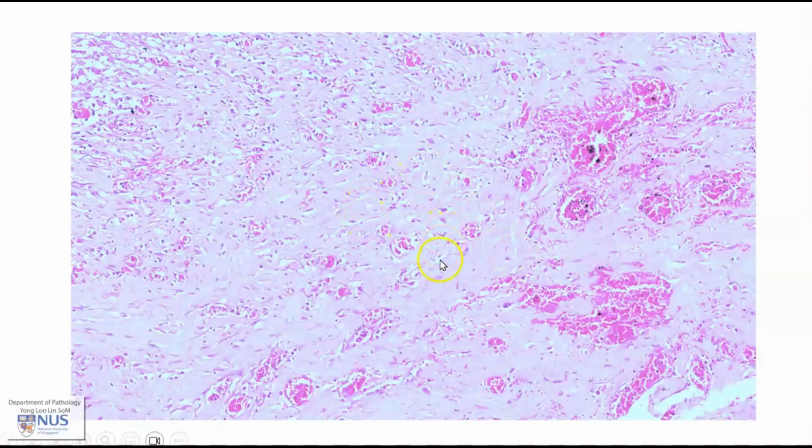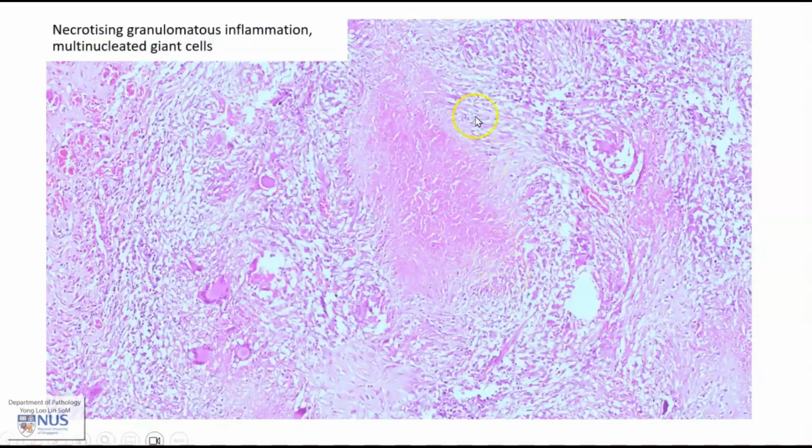And this is the area of fibrosis where there is deposition of this pinkish collagenous tissue. And here is a higher magnification view showing necrotizing granulomatous inflammation with central necrosis, a cuff of surrounding epithelioid histiocytes, including some Langhans giant cells and patchy lymphoid infiltrates.